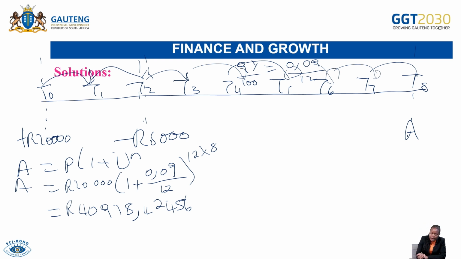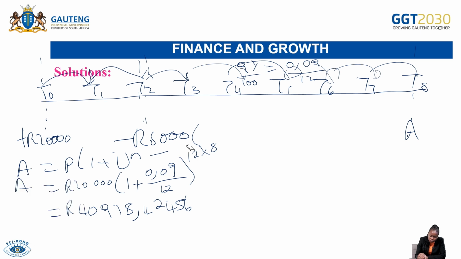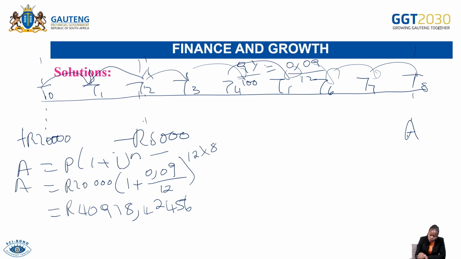So it means in my formula I still have to say minus the P, which is withdrawn, and the interest rate, let me use a different pen. So I still need to say minus the P and also the interest that the P was going to accumulate.